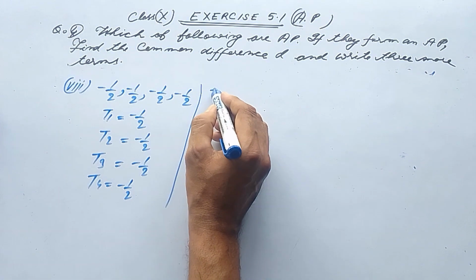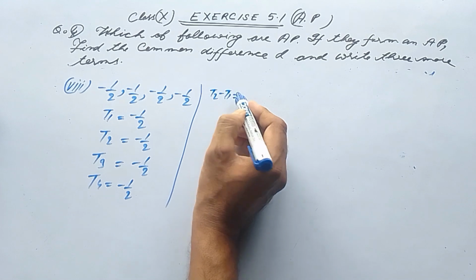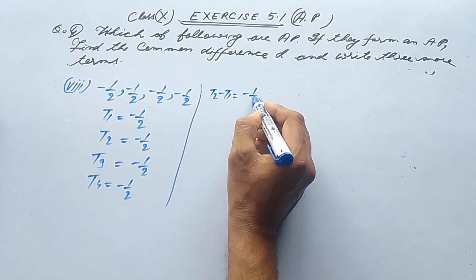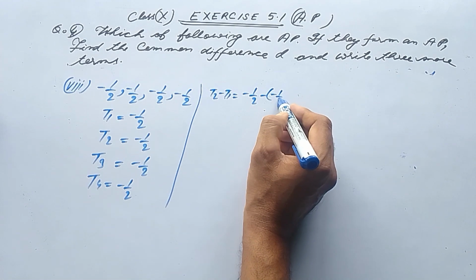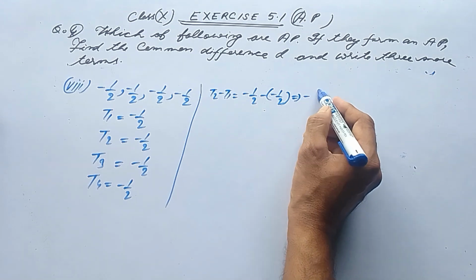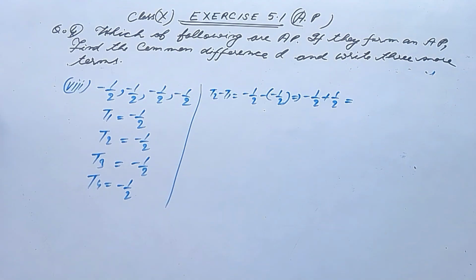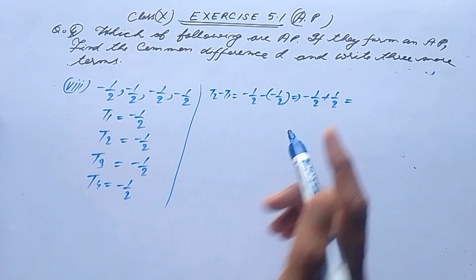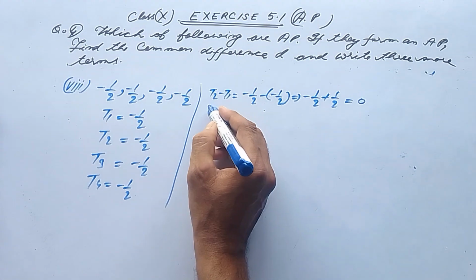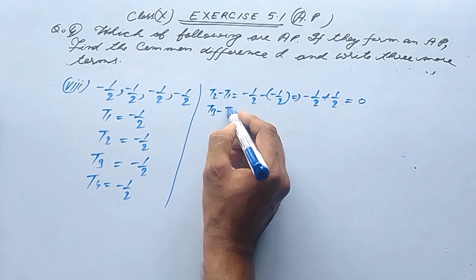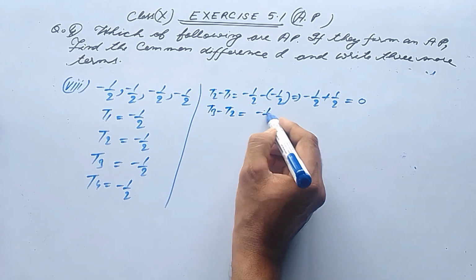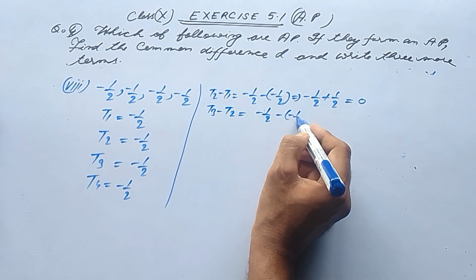Now T2 minus T1. T2 क्या है यहाँ पे -1/2 minus T1 -1/2. तो हमारे पास हो जाएगा -1/2 plus 1/2, that is equal to 0. T3 minus T2, -1/2 minus T2 that is -1/2.